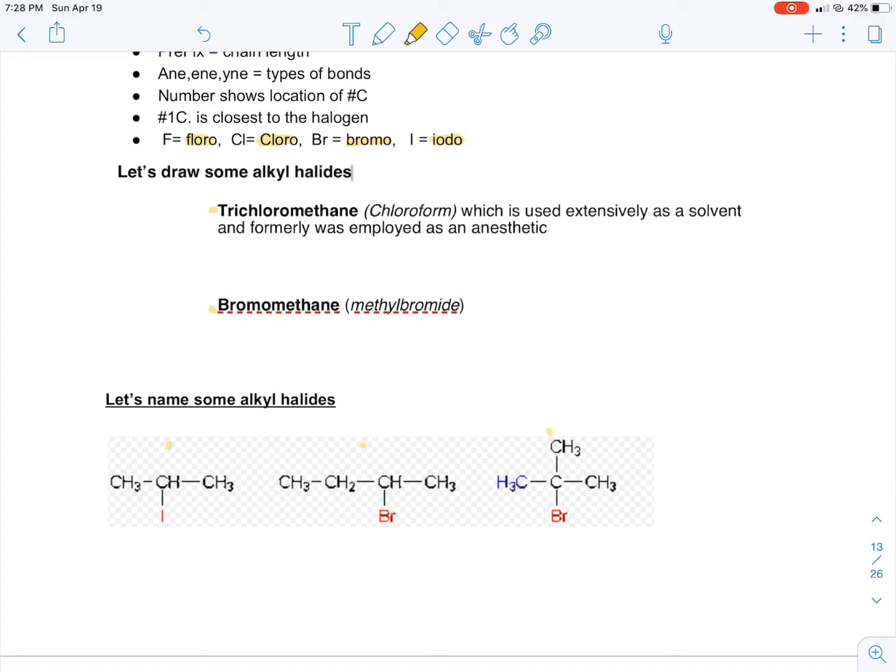So I'll tell you what, I'll draw one, I'll name one, I'll draw one. Okay, so we have trichloromethane. Chloroform, which is used extensively as a solvent and formerly employed as an anesthetic.